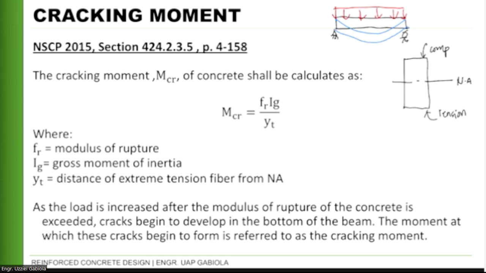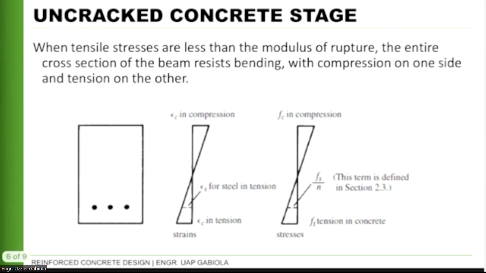To discuss the first stage, we have here the uncracked concrete stage. When tensile stresses are less than the modulus of rupture, it means that when we calculate the stresses for the compression fiber and the tension fiber, the tensile stress is less than the modulus of rupture.